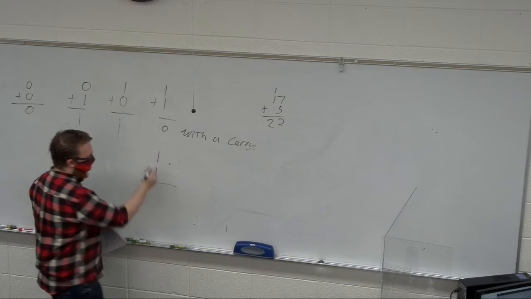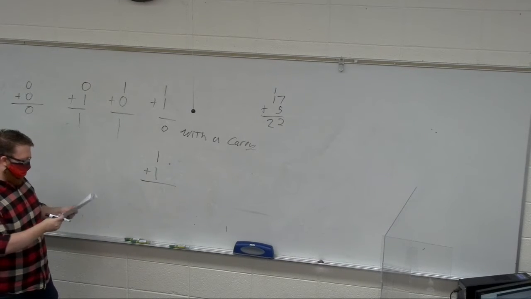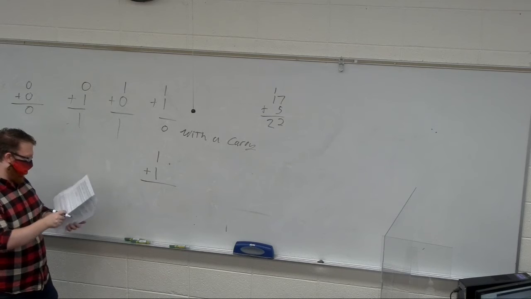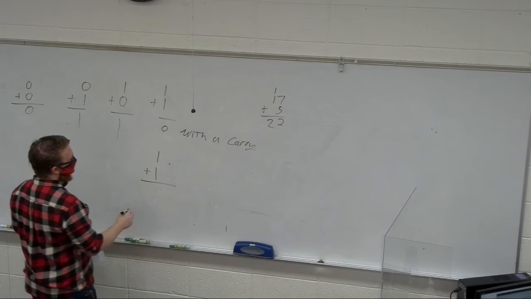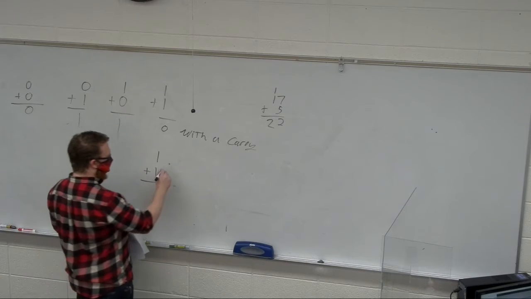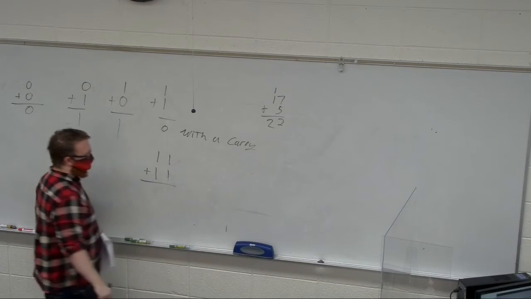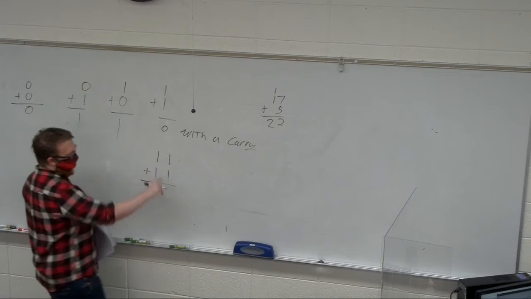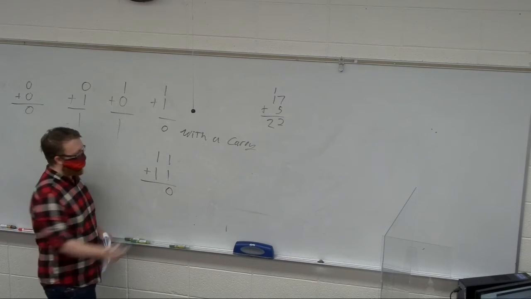What happens if I add 1 and 1? Let me see if I can actually come up with a more intelligent example. I swear I wrote one down. Oh, well, I guess I didn't. Okay, so 1 and 1 is 0 with the carry, right?